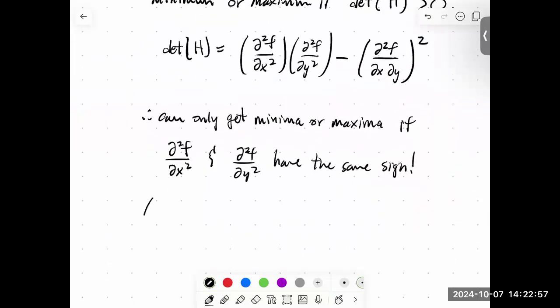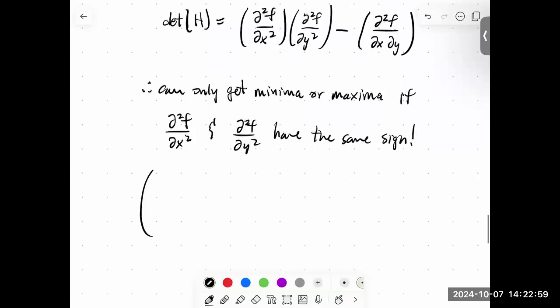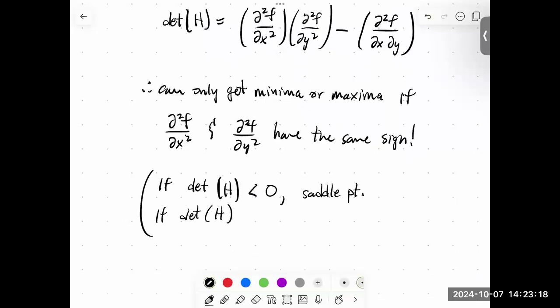We're going to come back to it. Let me just finish off this Hessian determinant. If the determinant of the Hessian matrix is negative, we have a saddle point. If the determinant of H is equal to 0, the test is inconclusive.